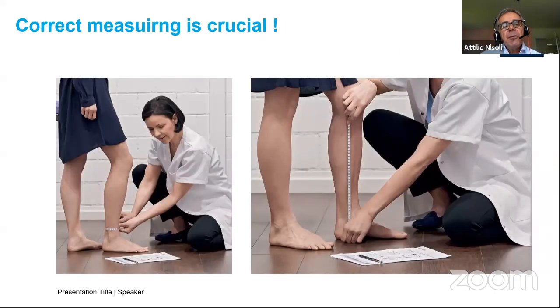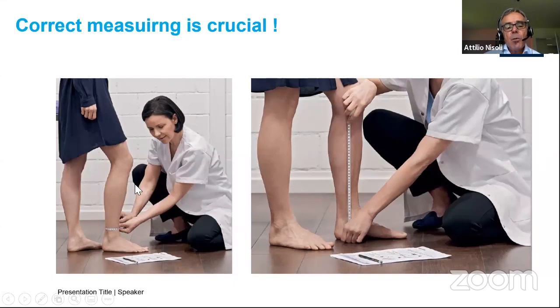I mentioned before, the correct measuring, there's a spelling mistake, sorry, is crucial. And it is one of the most important parts. So we need to take it really seriously. Ankle measurement, length measurement, different circumferences.